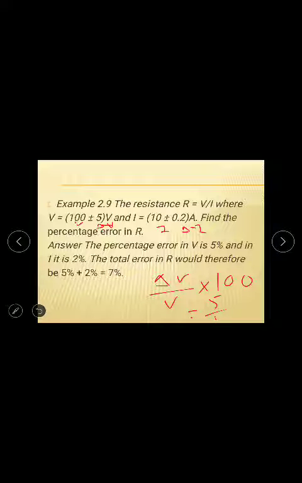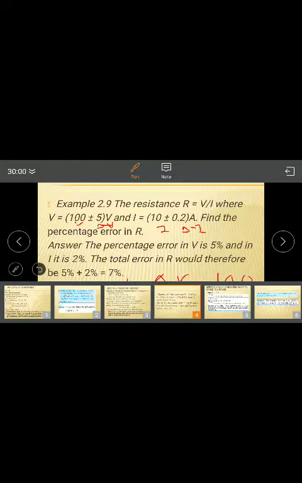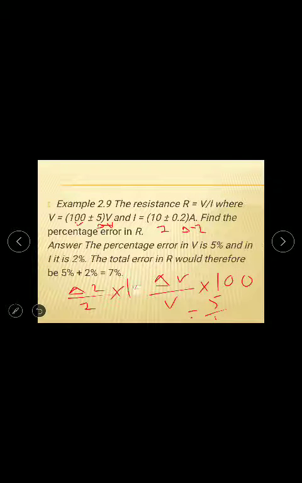Next here, percentage error in I is what? Same like that. It is delta I upon I into 100. We are finding the percentage error. So delta I is what? Put the value, that is 0.2, and I is 10 into 100. So what are we getting? It is 2%.